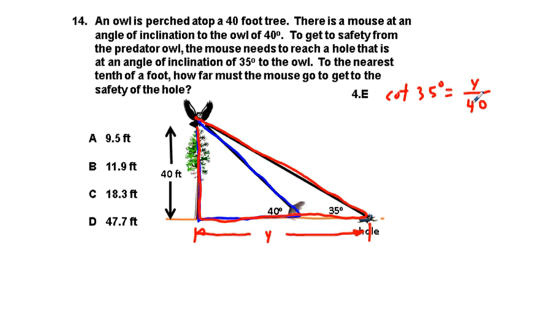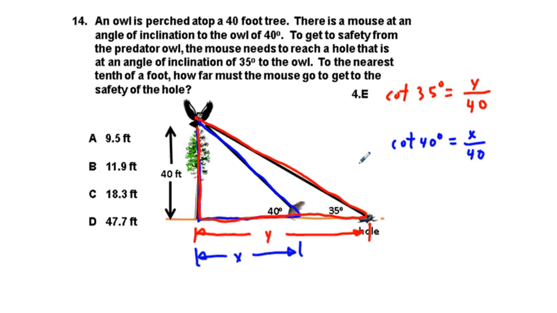And for the other triangle, we have cotangent of 40 degrees is equal to x, we'll call this distance here x, over 40.